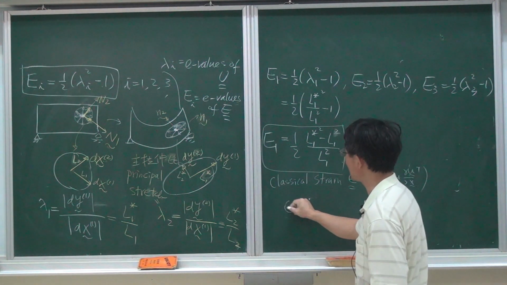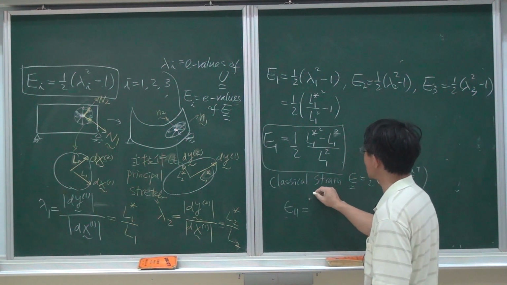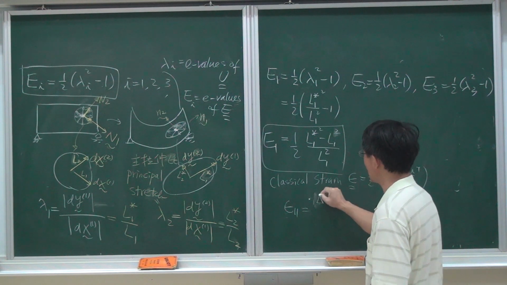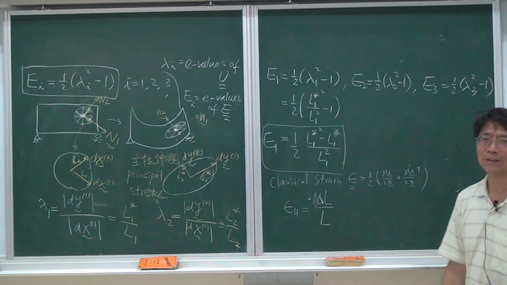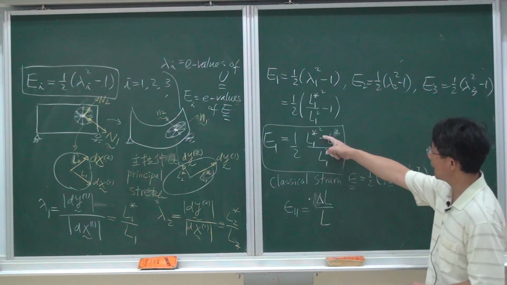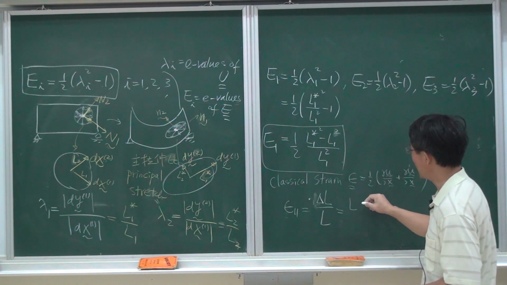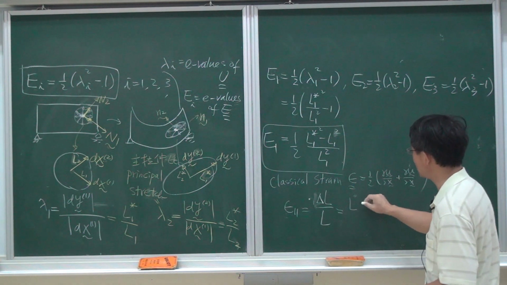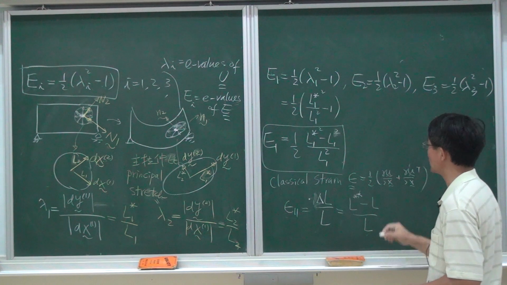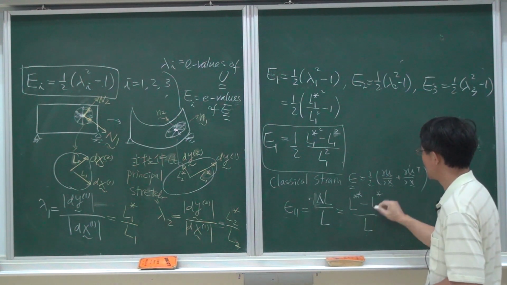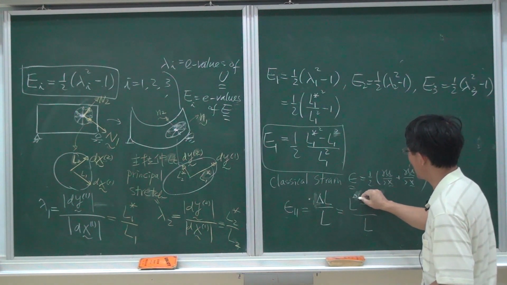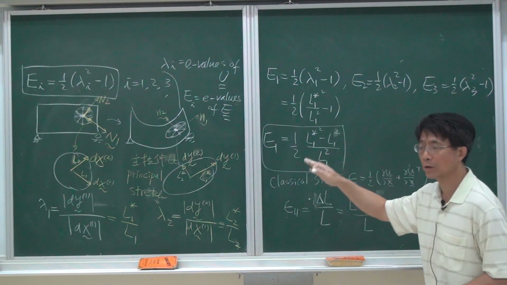And then what is epsilon 1,1? Epsilon 1,1 is just, we mentioned that before, delta L over L. This is the one-dimensional strain, right? Does it look similar? Something squared, minus something, divided by something. I don't want to say that they are the same material line, because they are different.